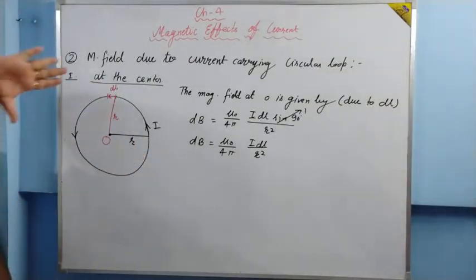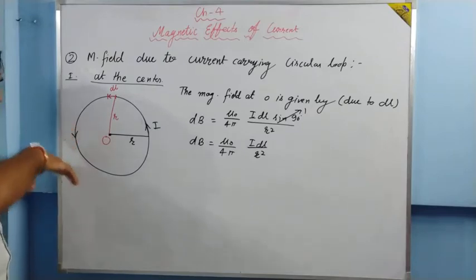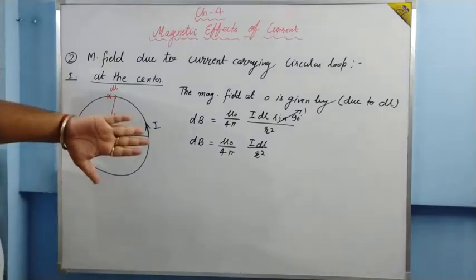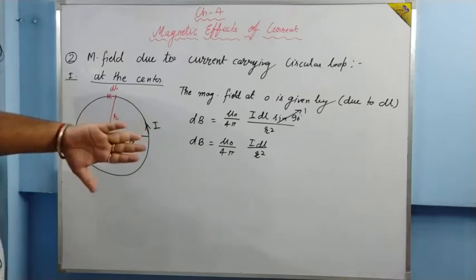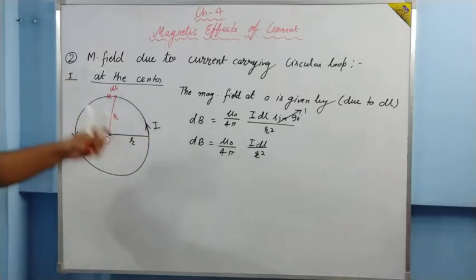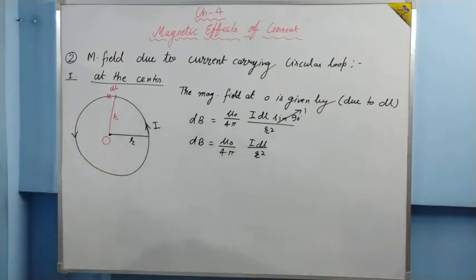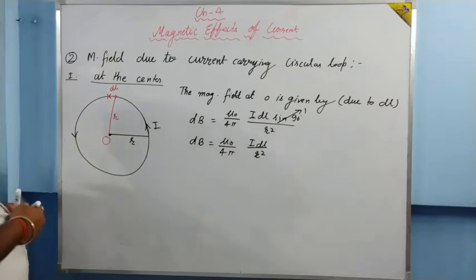This thumb will go downward because here the dl will be downward, and all the fingers towards the center. Where is the direction? Outward. Right? For any position of dl, the magnetic field is outward only. Okay, we can integrate this equation. If the direction would have been different, then we would have to think about that. But the direction is not different, so we can integrate it.